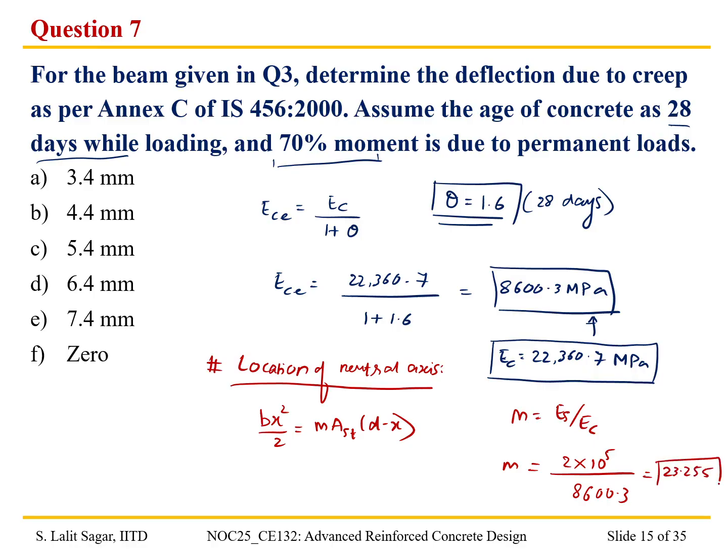As the value of this E_c reduces, the modular ratio increases. That will come into play when we are determining the location of the neutral axis.